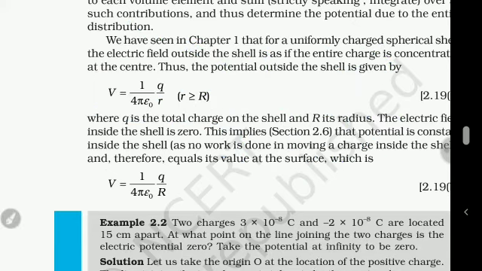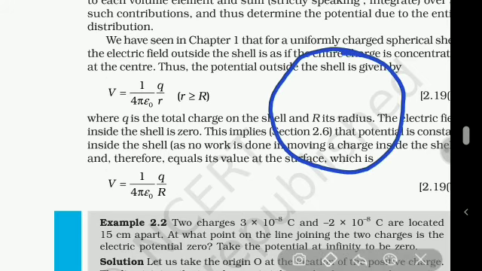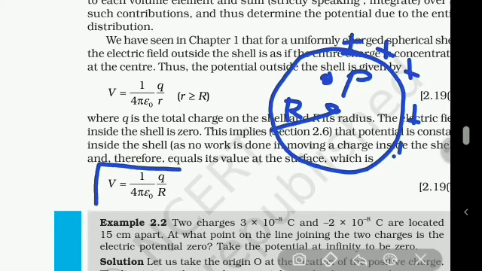But now if we select any point inside this spherical shell on which charges are deposited, so this is the radius R, and now if I select any point P here inside the spherical shell, then what will be the potential? The potential inside the spherical shell will be the same as the potential on the surface. Now you will wonder why the potential is the same as the potential on the surface.